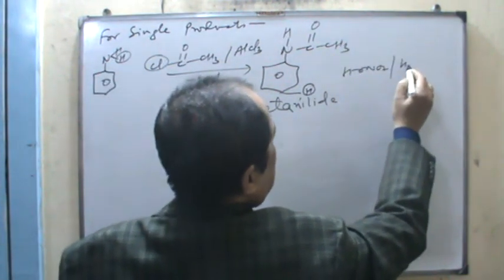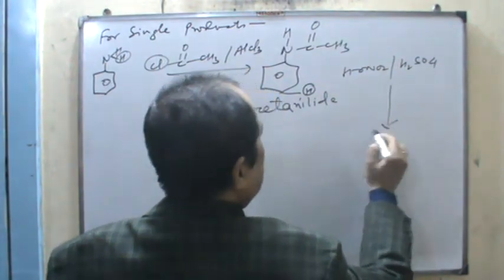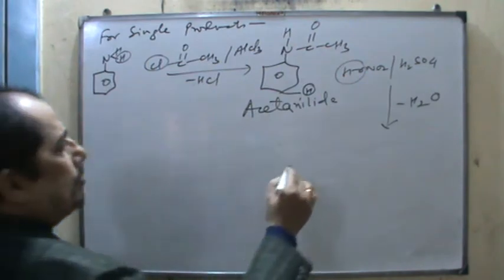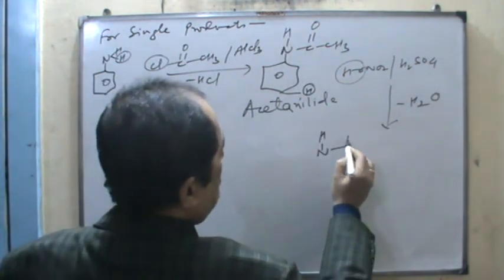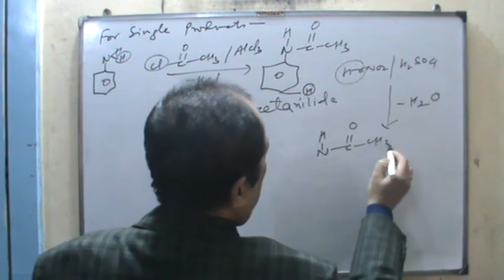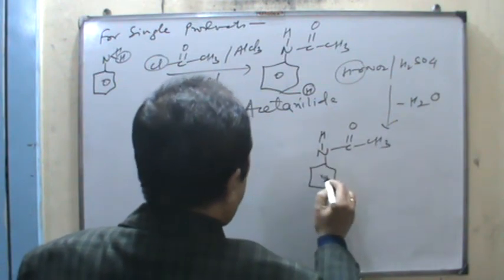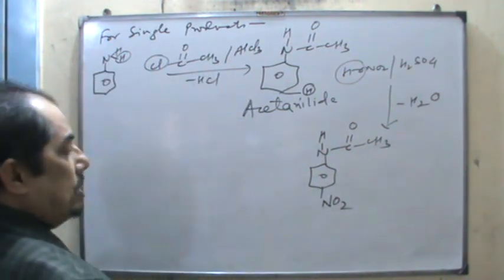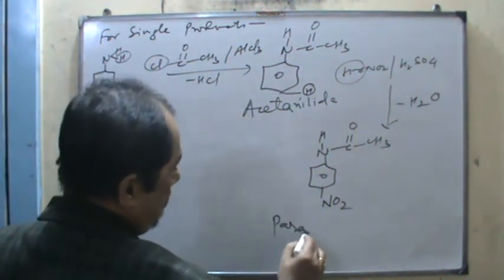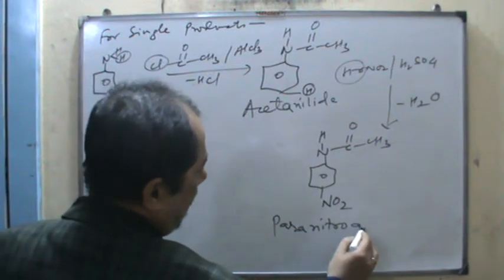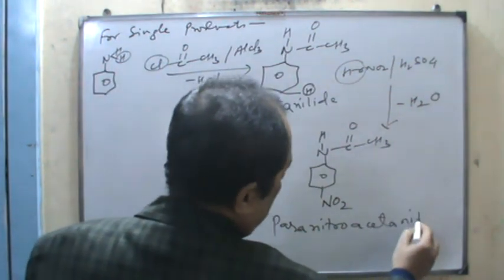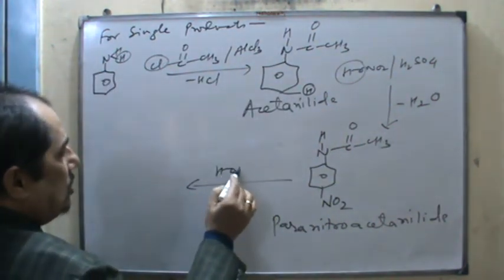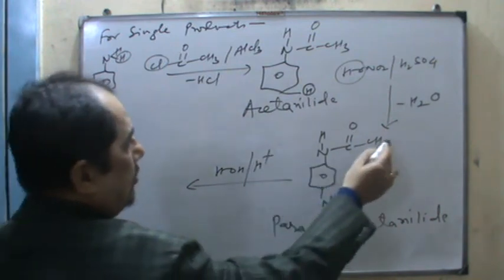Now replace the H. Nitration takes place with the help of sulfuric acid. OH and H, water is lost, right? So this is NH C double bond O CH3, and this is the para nitroacetanilide. Now hydrolysis takes place in acidic medium.